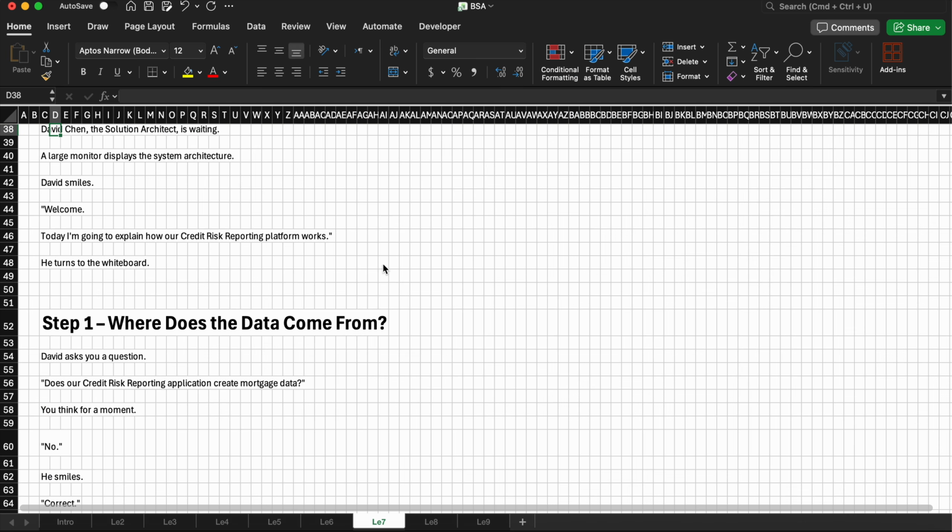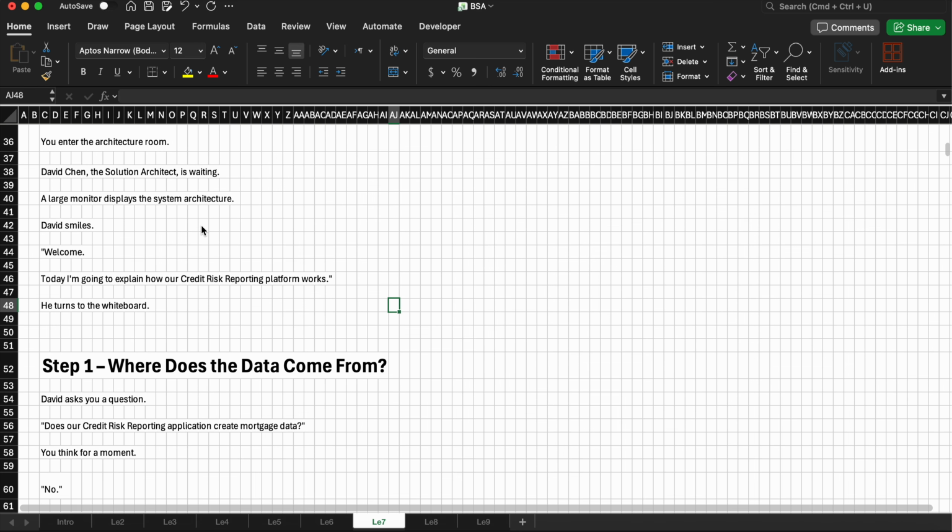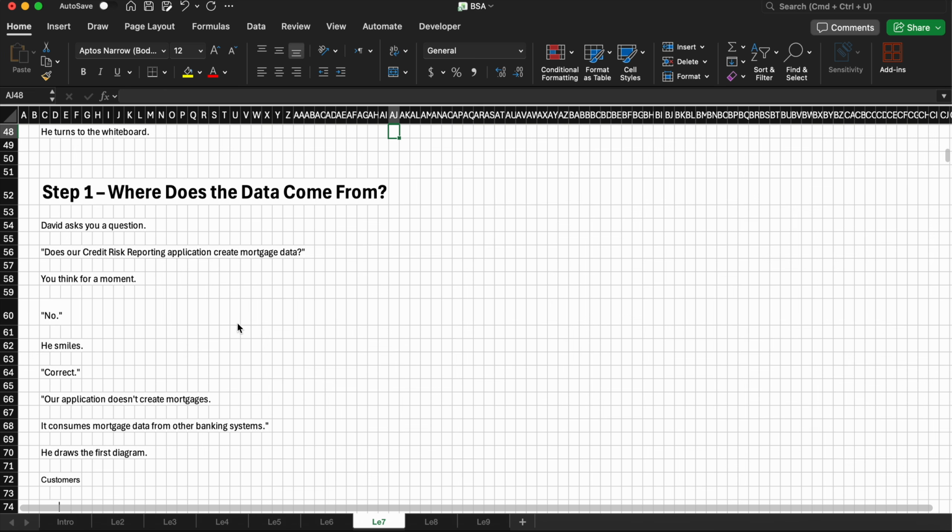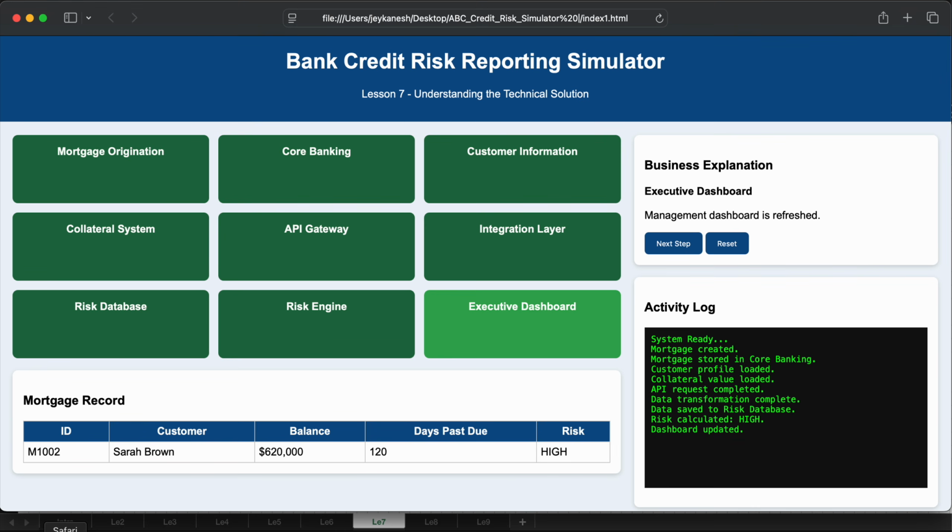Okay, let's go back to here. Our technical design meeting. Step 1, where does the data come from? We talk about which systems the data is coming from. Usually they won't show this kind of diagram, but there is a flow chart diagram, so I want to show you.